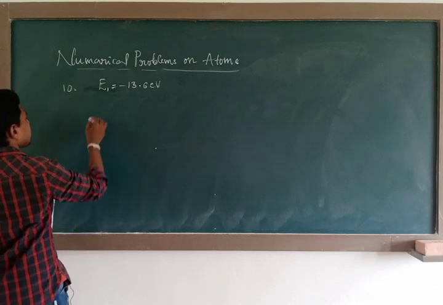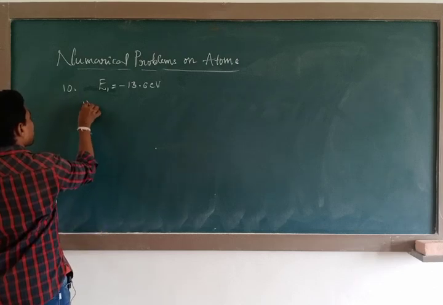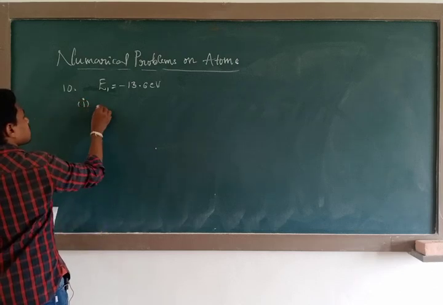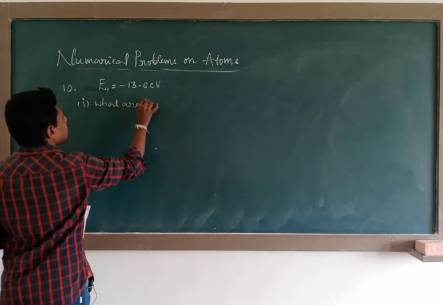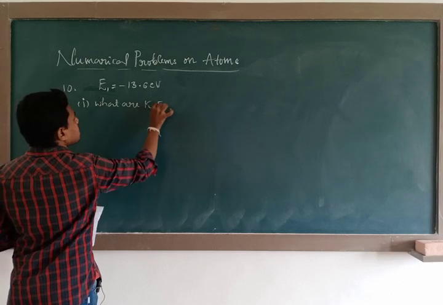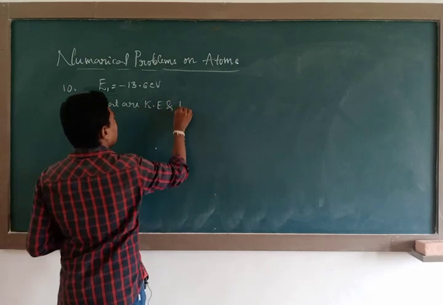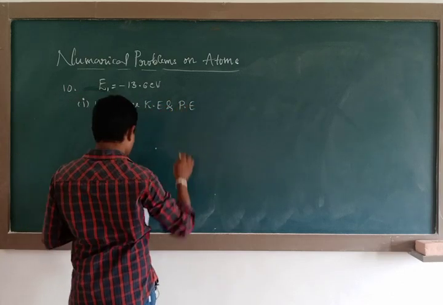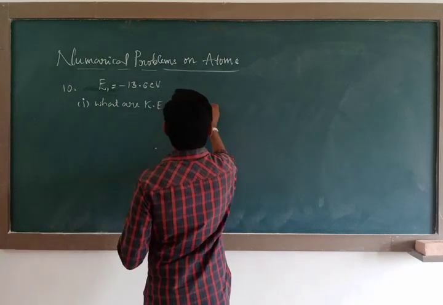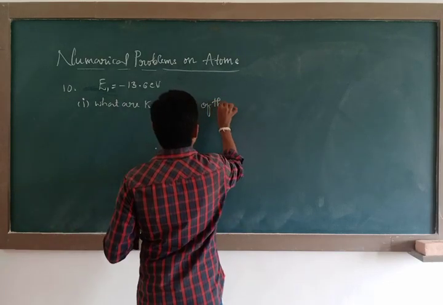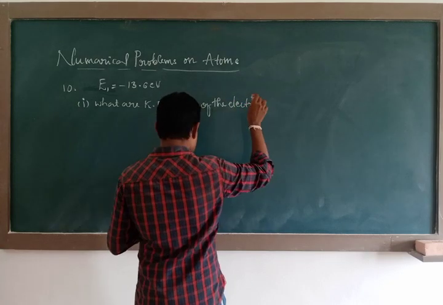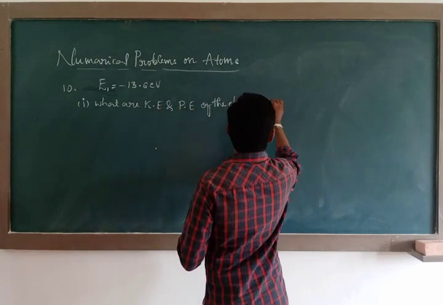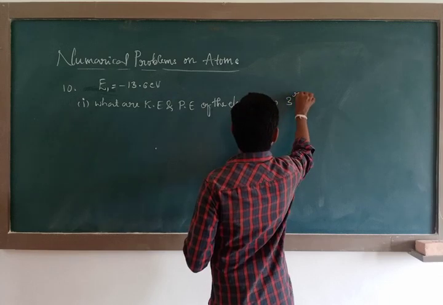Question number 1: what are the kinetic energy and potential energy of the electron in the third excited state?